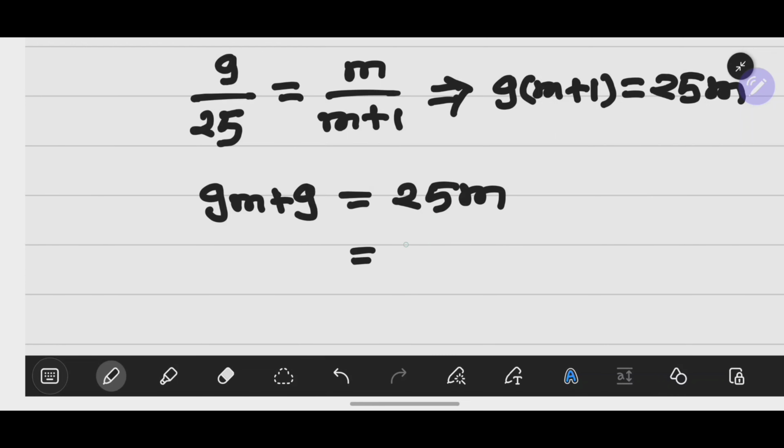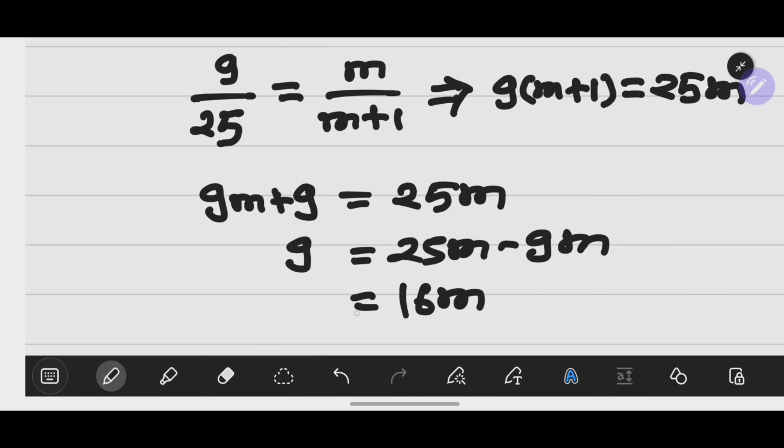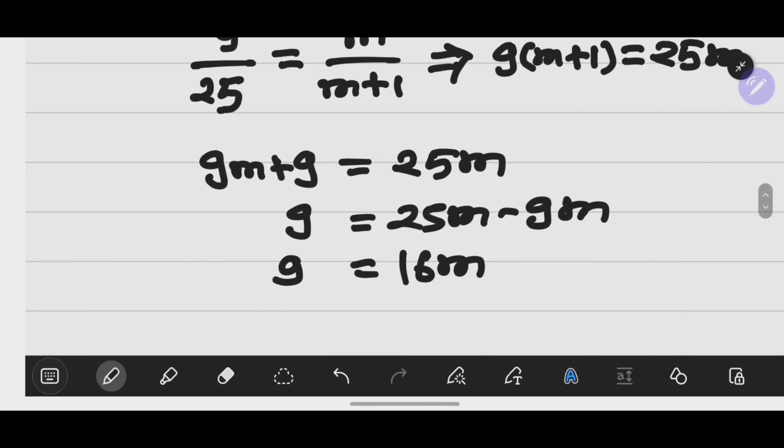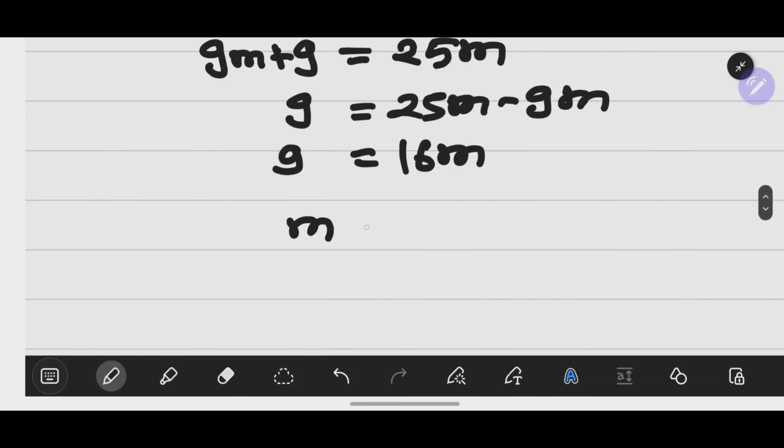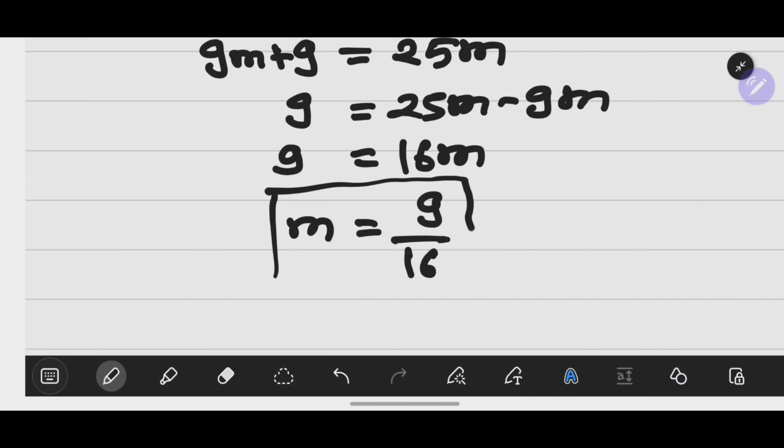Taking terms to the right hand side, 25m minus 9m leaves the factor 9. After solving, 16m equals 9, so m is equal to 9 by 16, and this is your expected answer.